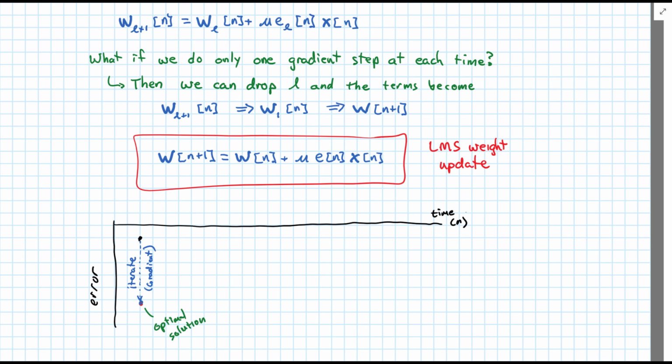Well, the LMS algorithm is going to do a single iteration, or a single step, and then it's going to move on to the next sample. So with the LMS algorithm, the error is going to do this. Sample 2, when we calculate the output there, the error is smaller. Now if we could actually calculate the expectations, we might be able to once again come down here and calculate our new outcome.